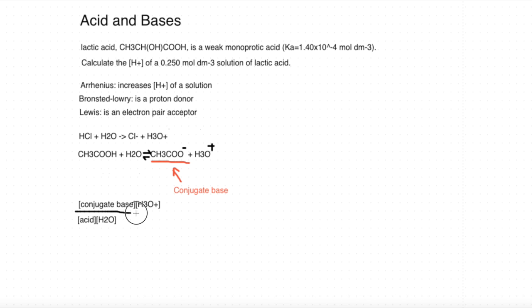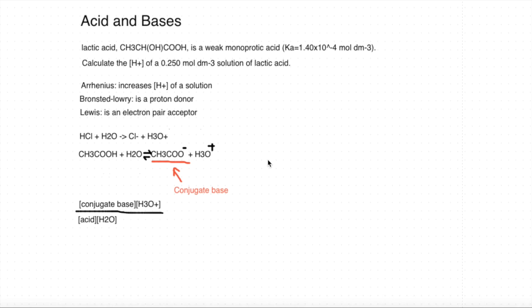Let's draw a line here. There are two things to note here though. First, since this is a weak acid, by definition there's only a small amount of acid dissociating, which means the concentration of water will be very, very high.